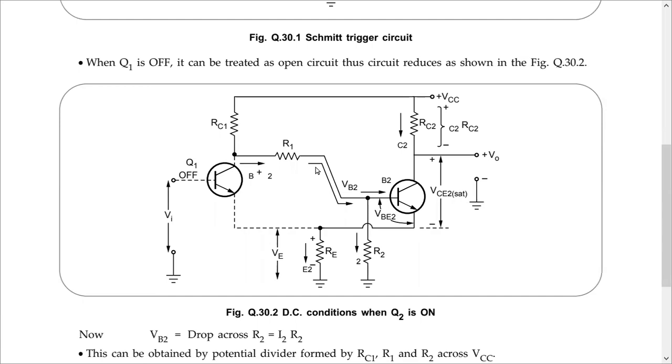Only when Vi becomes greater than VE by an amount equal to the cut-in voltage of this base-emitter diode will the transistor turn on. This cut-in voltage is also called VBE SAT, and its usual value is 0.7 to 0.8.